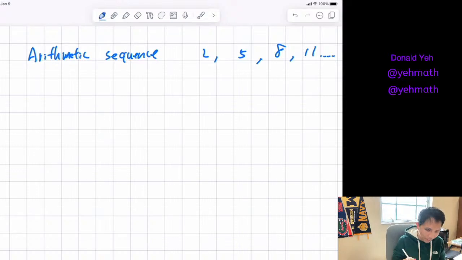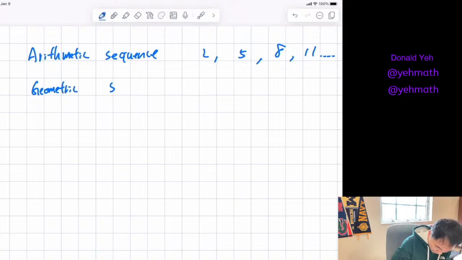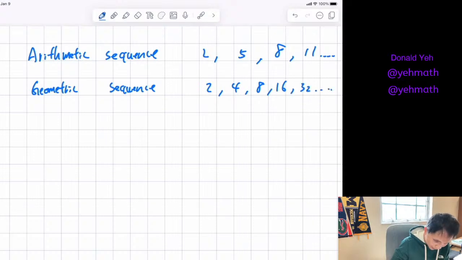If we stop at a certain term, it's called a definite sequence. With dot, dot, dot, it's an infinite sequence. Then there is geometric, which we're gonna do a lot more. Like I said, it's 2, 4, 8, 16, 32. And geometric sequences are gonna happen a lot more.